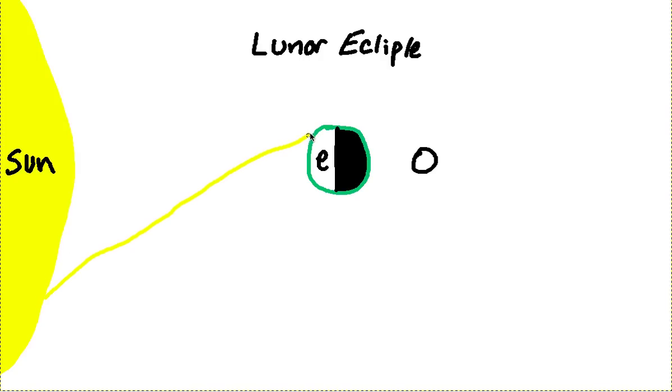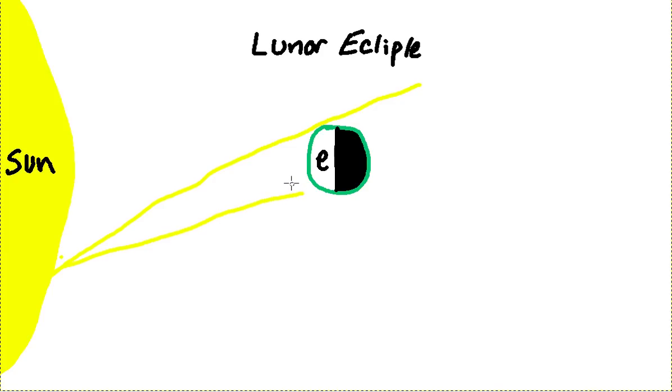So this ray just barely skims the surface of Earth. Same thing over here. Oh, that was a really bad one. Alright, let me draw these rays first and then I'll draw the moon. So here's 2 rays leaving the sun that just barely make it to the Earth.